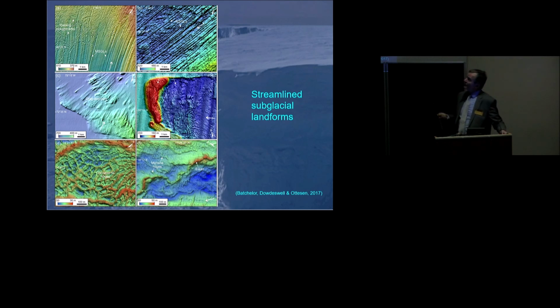At the top left, we can see large-scale lineations, over 20 kilometres or so long, but just a few metres in height. Very delicate features preserved since ice retreat about 15 or 16,000 years ago. Below them, we can see mixed beds, where the bed transitions between a rock bed, which provides the upstream core of many of these streamlined sedimentary features, and the streamlined downstream tails of them.